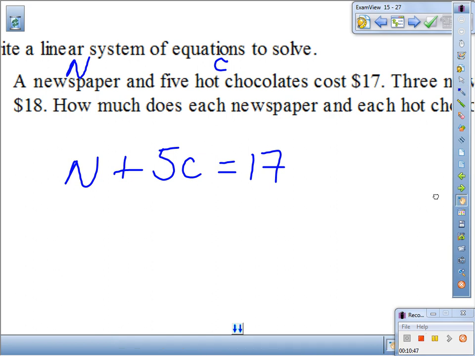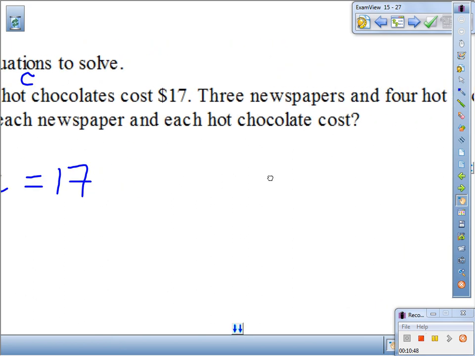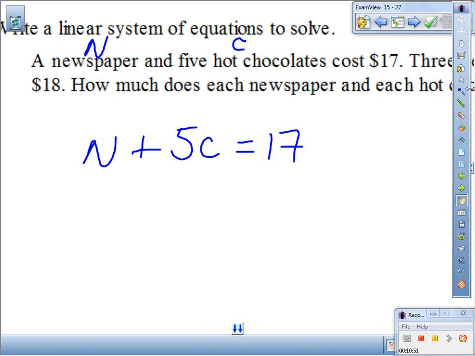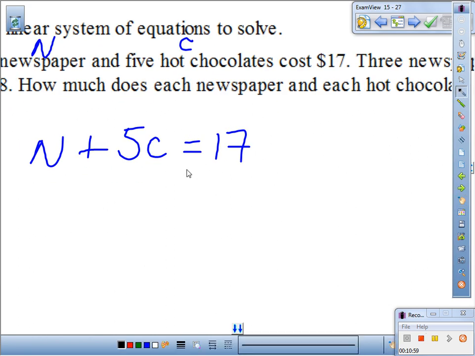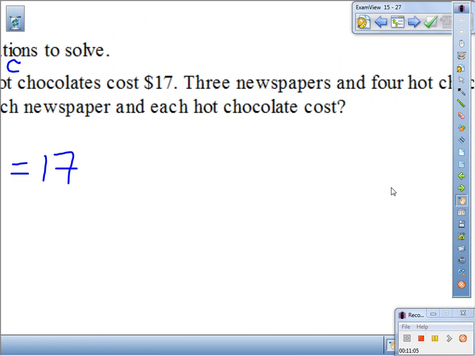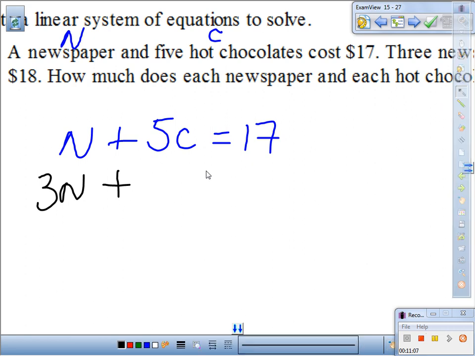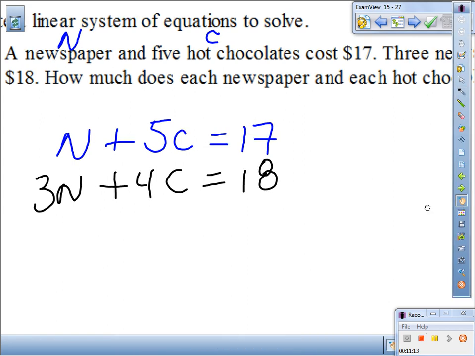What is our second equation if it's 3 newspapers and 4 hot chocolates for equal of 18? 3N plus 4C equals 18. Hands if you agree that's our system of equations.